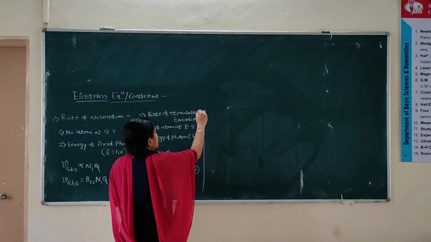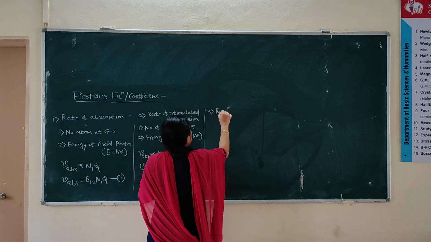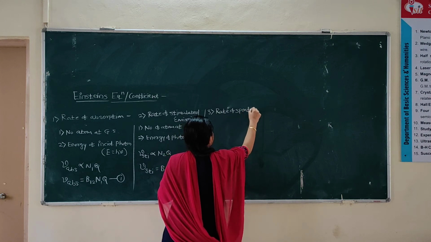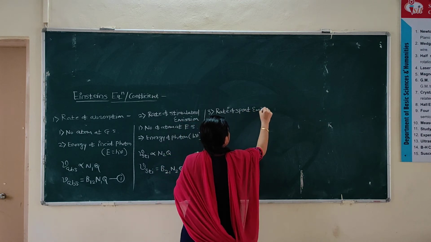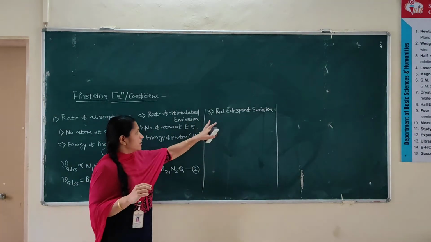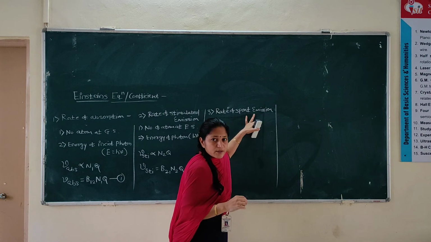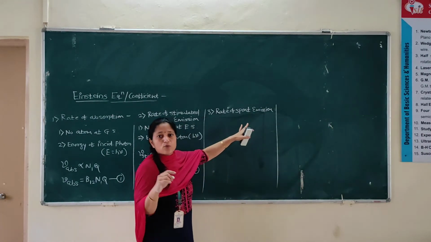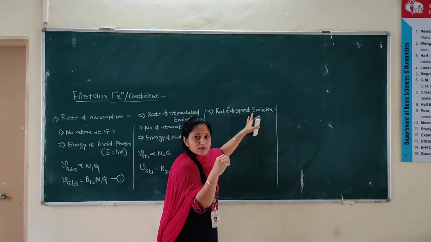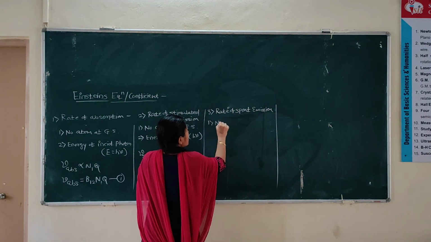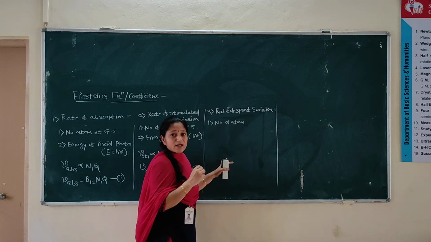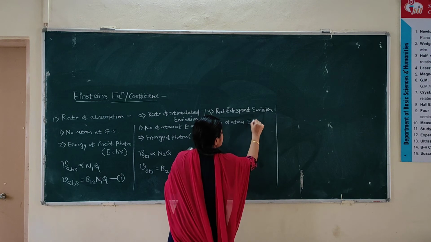Similarly, third thing, the rate of spontaneous emission. Here the rate of spontaneous emission depends upon only one thing, that is the number of atoms present at the upper state or excited state.